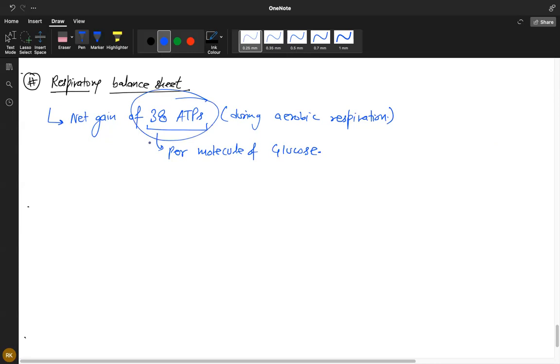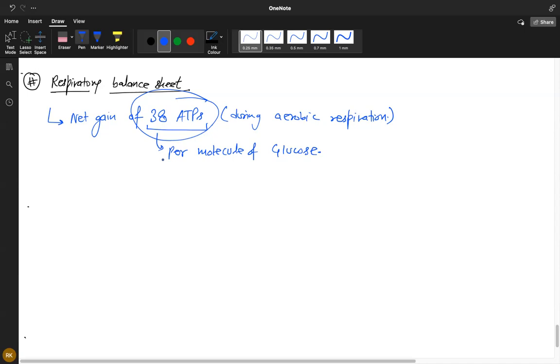Now this is a theoretically calculated number. What do I mean by this? Inside the body, it's not like we oxidize one glucose at a time. There are millions and millions of glucose molecules that we utilize in every cell every minute. So how do we come to know that there are 38 ATPs per glucose?